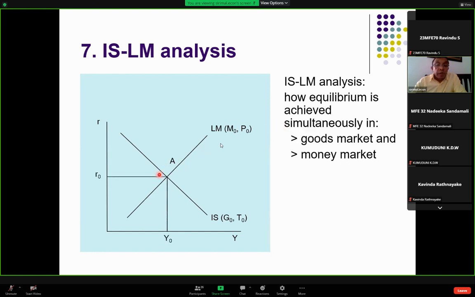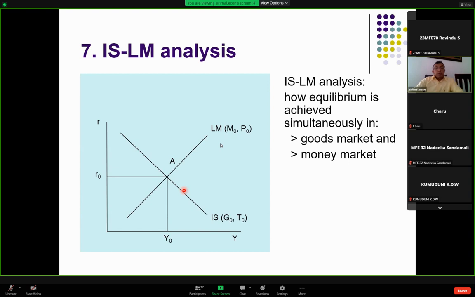So you have an intersection point, point A, which gives you simultaneous equilibrium in both markets. All the other points available on this graph are not equilibrium points for both markets.